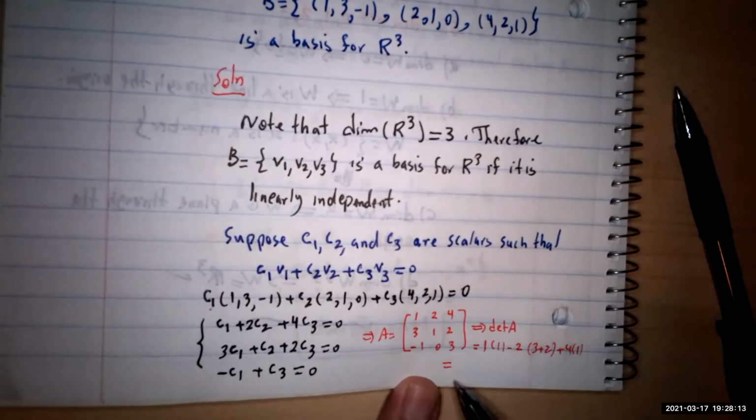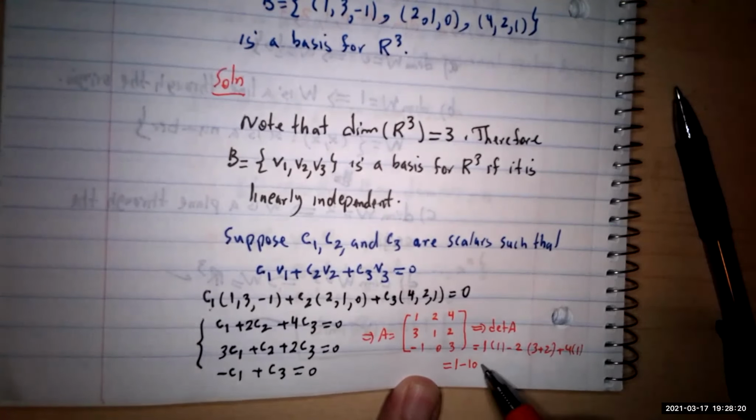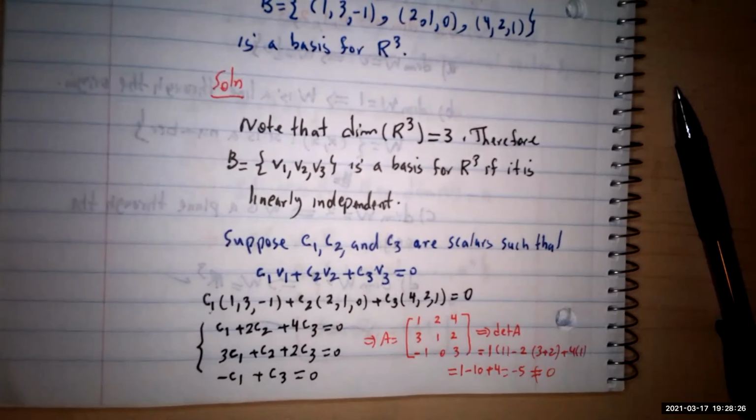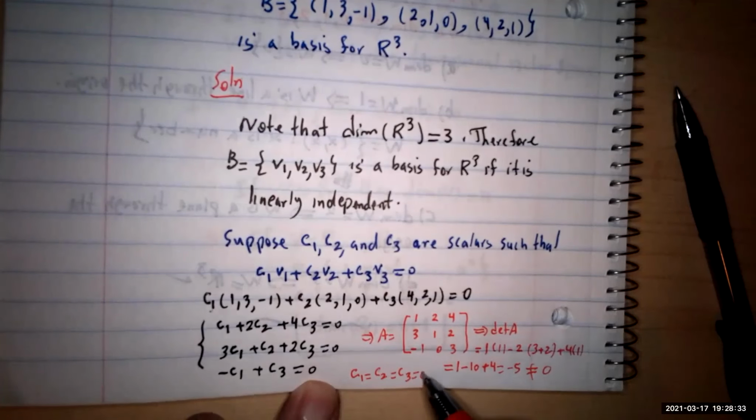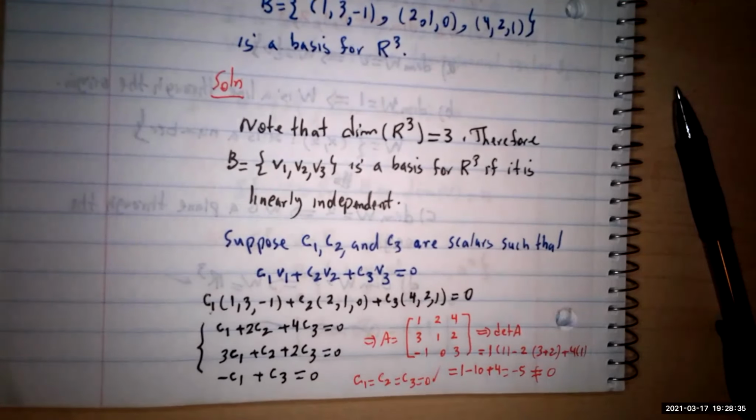If you simplify, that gives us 1 minus 10 plus 4, which is negative 5, not equal to 0. We know that if the determinant is not 0, then C1, C2, C3 are equal to 0, and then you're done.